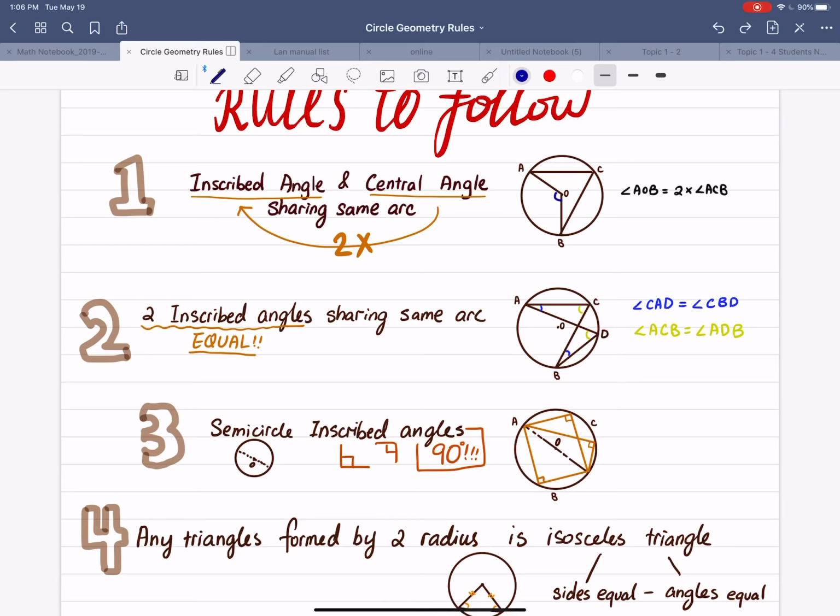Do you see that angle O and angle C share the same arc AB? That means this angle here is twice this one. Let's say if this is 80, this can be 40. If this is 100, this is 50, okay? So if they share the same arc and one of them is central and one is inscribed, then the central angle is 2 times the inscribed angle. Okay, that's one of the rules.